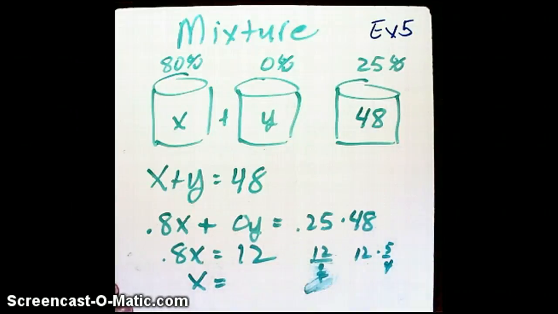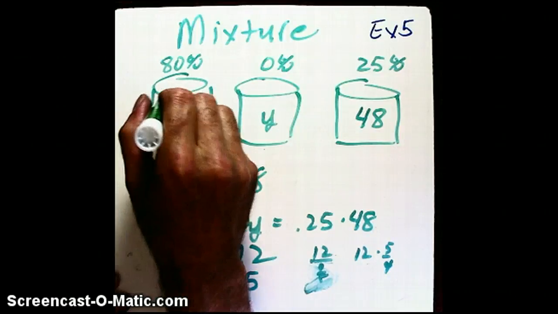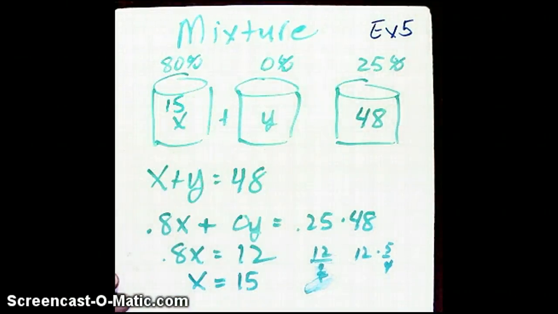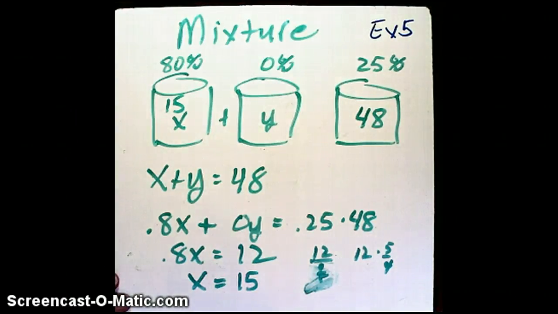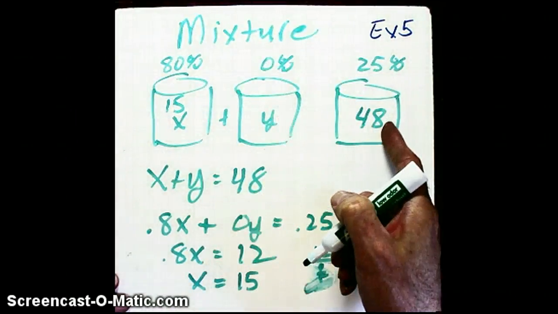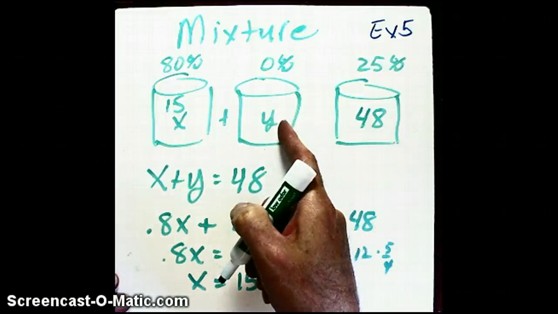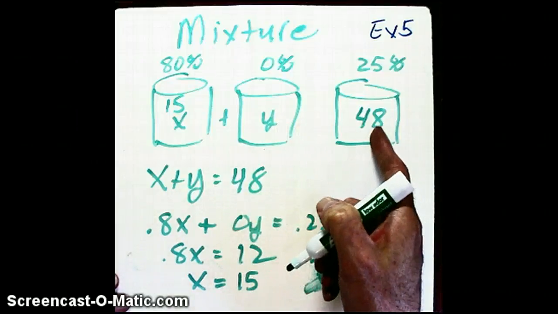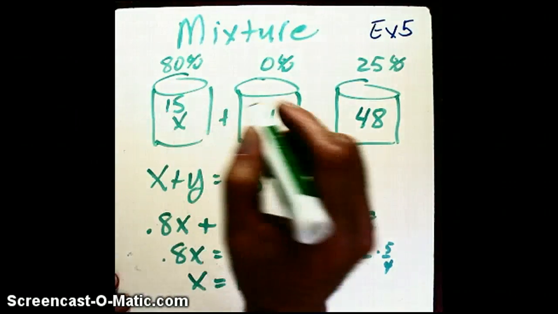That's 3, that's 15. A little convoluted, but x is 15. So what is this saying? This is saying that 15 liters of the 80% solution must add water to get to the 48. Well, so if we're adding y here, and I need 48 altogether, that would have to be 33.